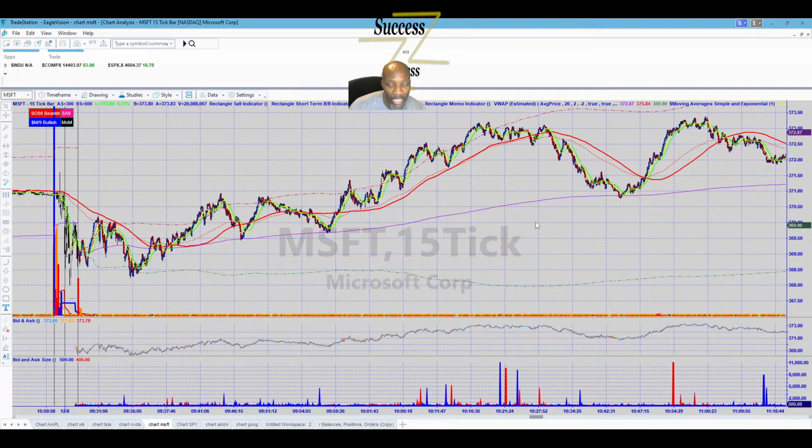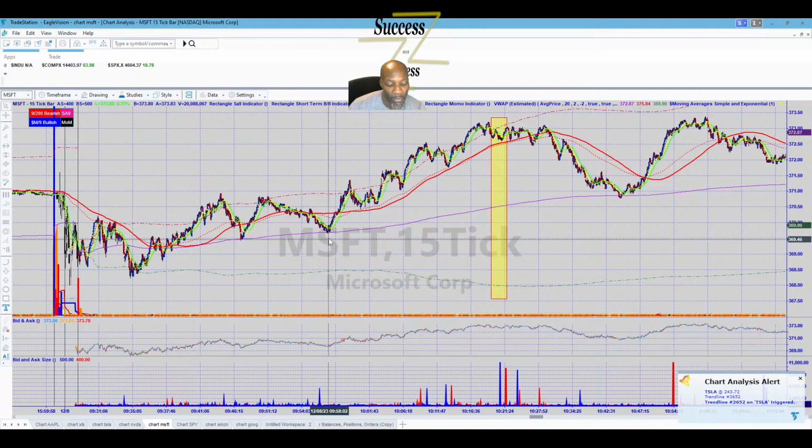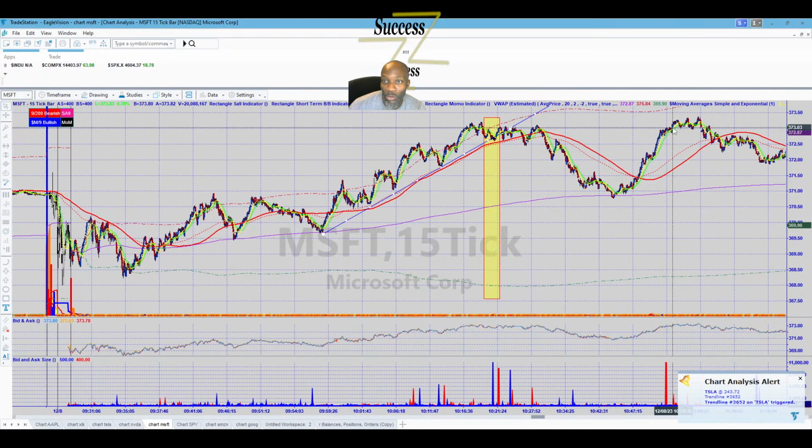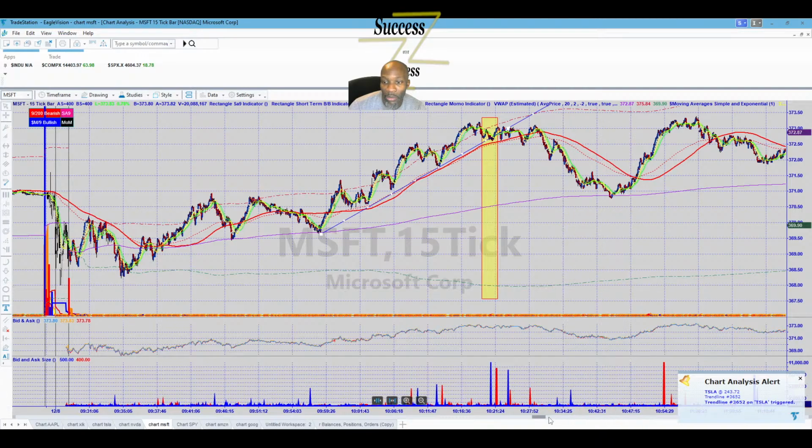However, at this 10,000 mark up here, it did what? It did slow down. It broke the trend, right? Broke the trend, came for a pullback, and then as it reapproached, I don't know if that's a double top.